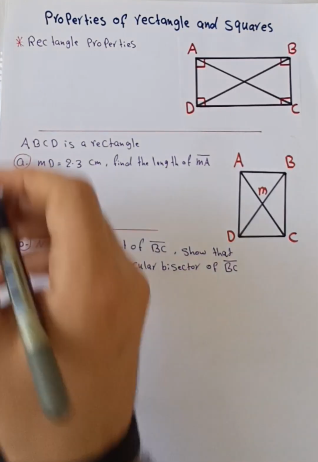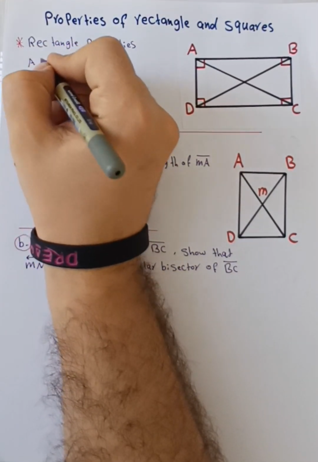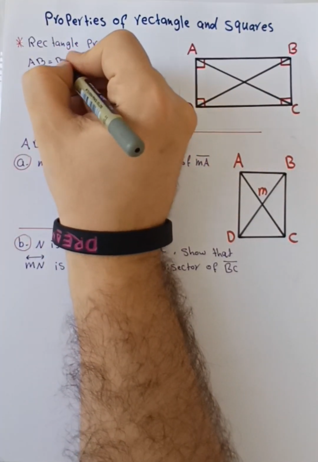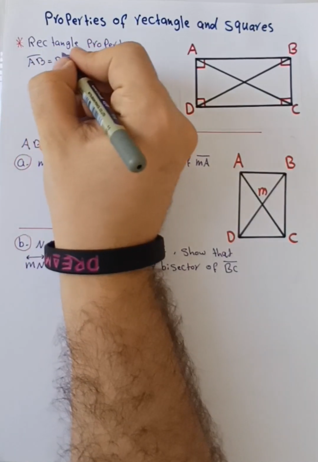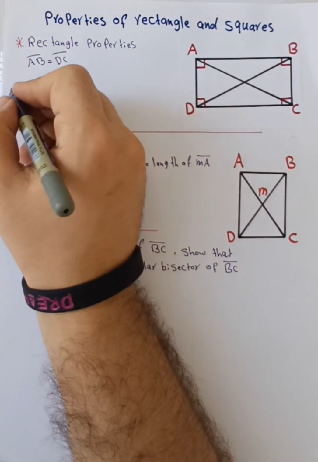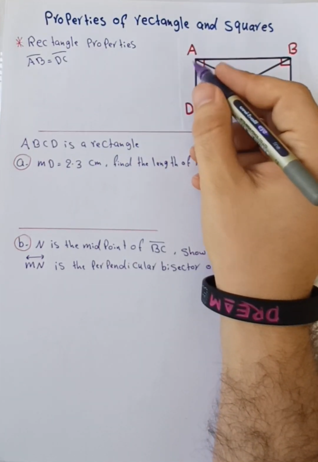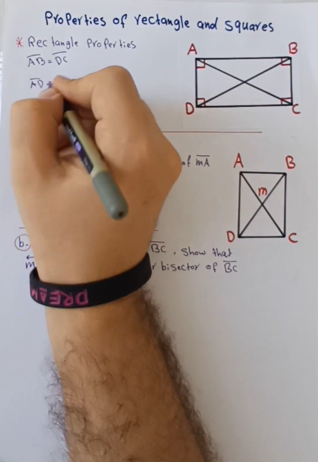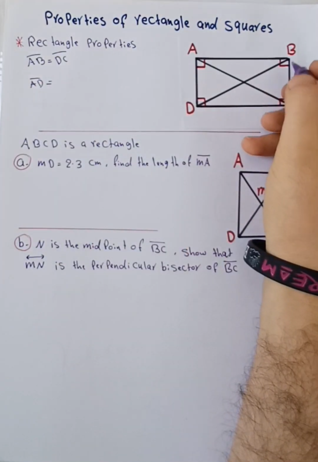So line segment AB equals line segment DC, and line segment AD equals line segment BC.